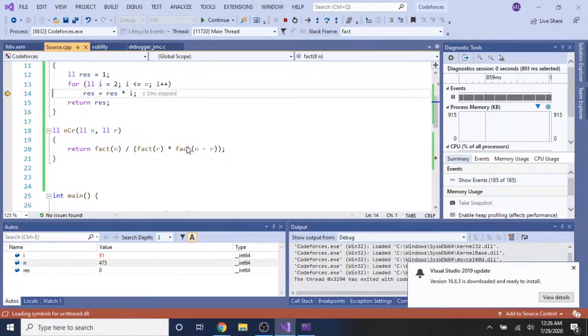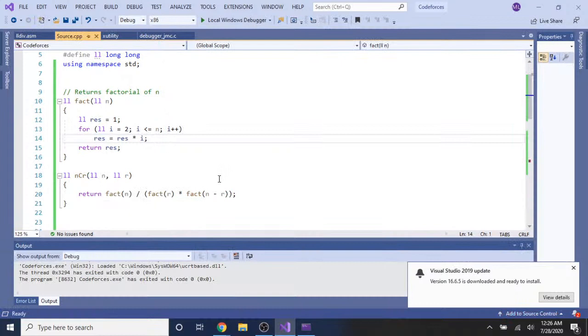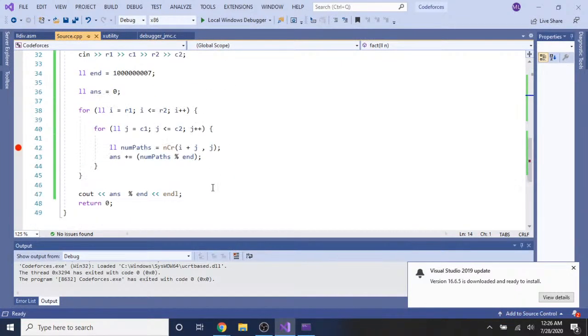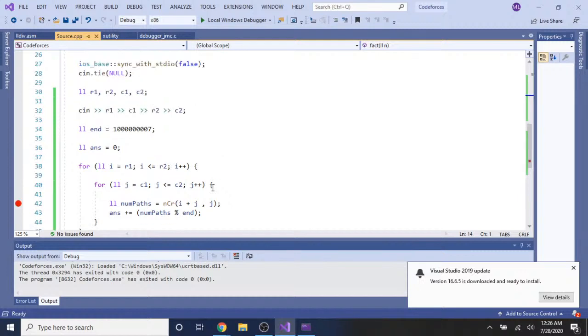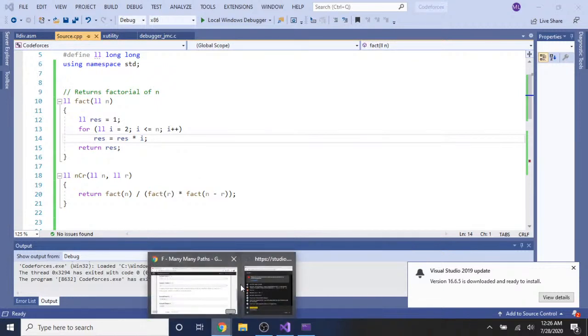Because it overflowed for factorial, it goes back to 0. So we need to find a way to do factorial without overflowing. Oh boy, that's the problem.